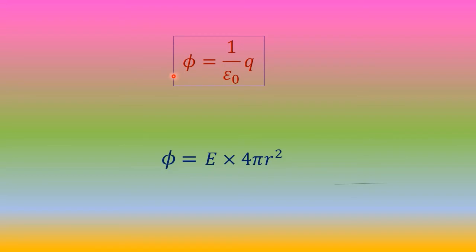You now know two equations for the total flux through the Gaussian surface. According to Gauss's theorem, flux is equal to 1 by epsilon 0 Q. Flux is also equal to E into 4 pi r square, another equation you derived.